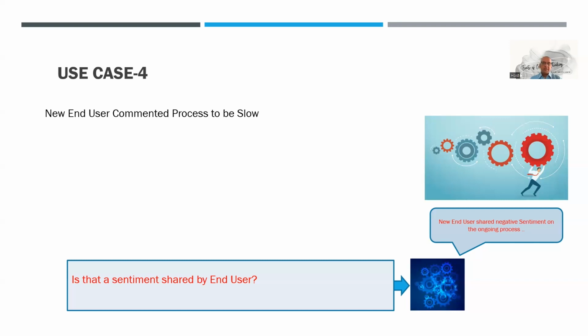So the thing is, getting the negative sentiment of a subscriber, does it really mean the software is running slow? It is taking the usual time the way it takes on other days or in other aspects of time. Okay.